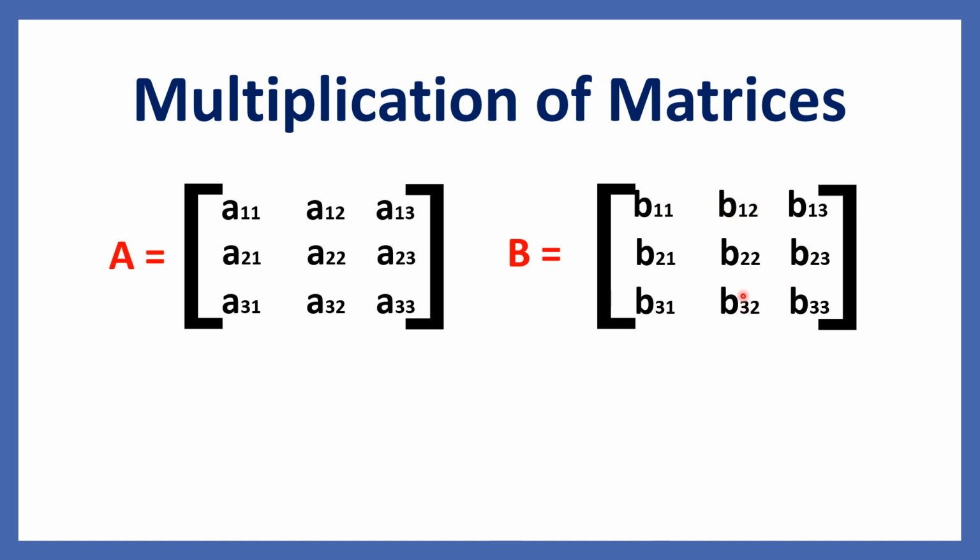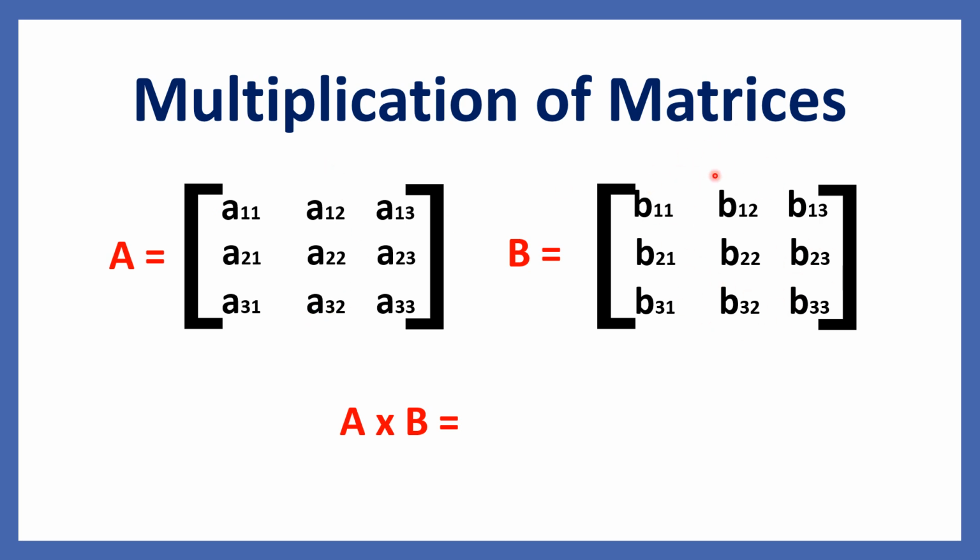Now we are asked to multiply A with B, A into B. In the case of multiplication, the order is very much important. If we are asked to find A into B, we have to consider A as the first matrix and B as the second matrix.